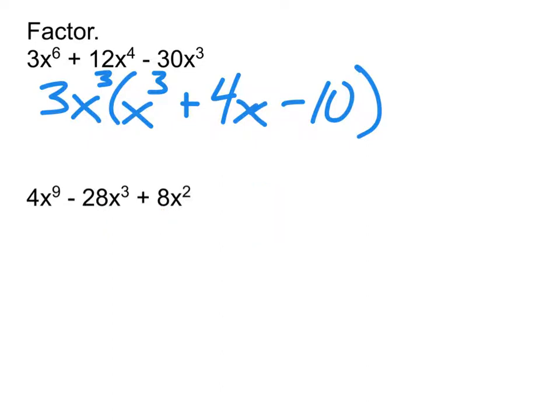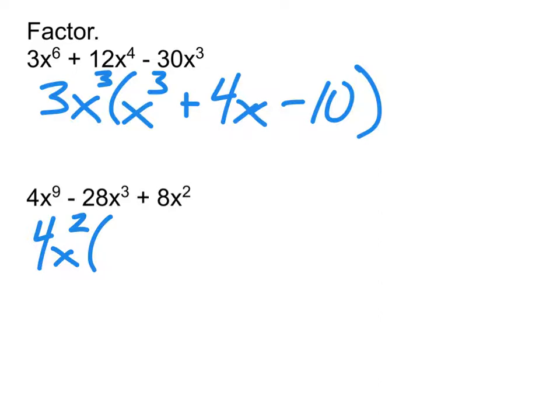So the first thing I do is I write down my 4, and then I look at my x's. Of the x terms, how many x's can I pull out of every term? 2 of them. So since I can pull out 2 x's out of every term, it's going to be 4x squared outside. Now we divide everything inside by that.